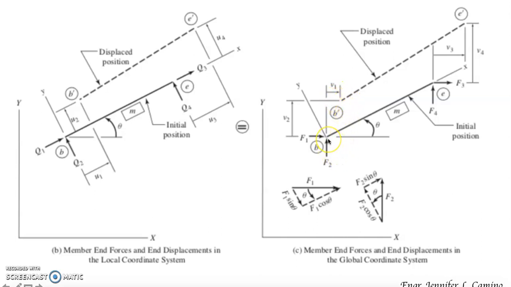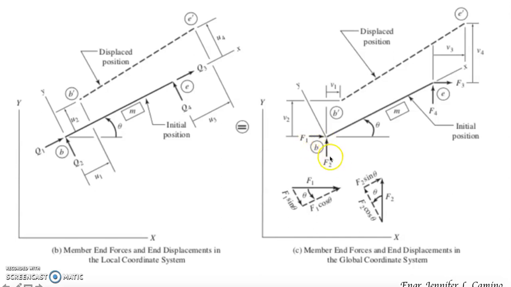We have to observe that similar with our member end forces and member end displacement in the local coordinate system, there are 4 local end forces and local end displacements. Similarly, in the global coordinate system, there are also 4 member end forces and 4 member end displacements.